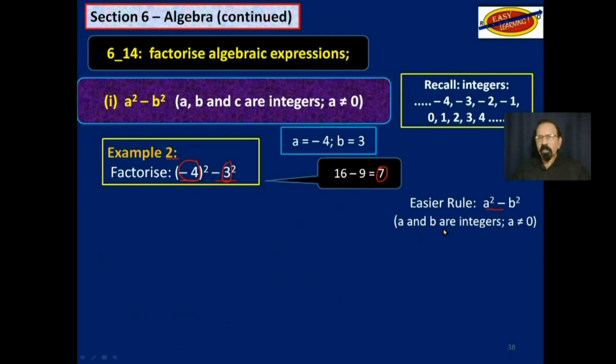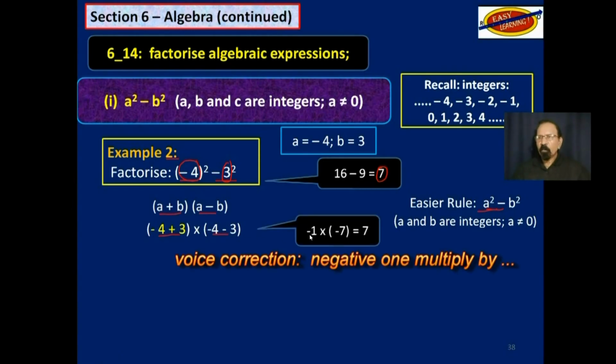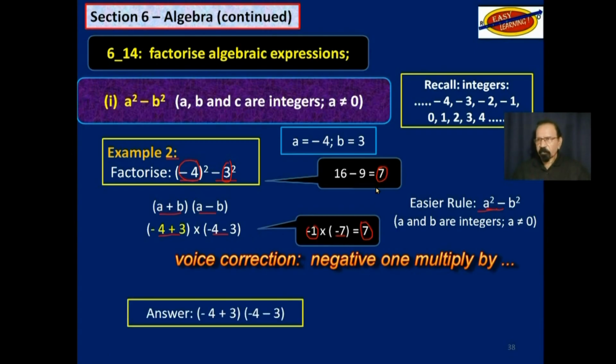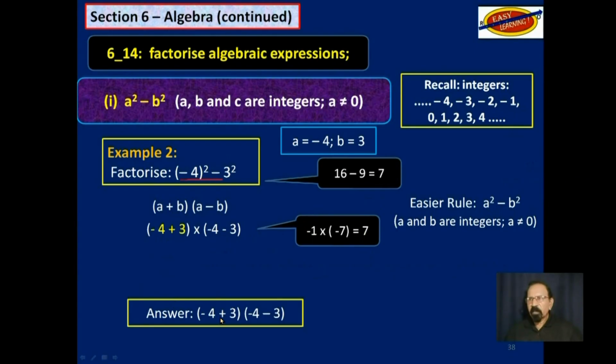But if we use this rule, it is a plus b multiplied by a minus b. We add those two numbers, a and b, and we multiply it by their difference. And we get 1 multiplied by negative 7, and we still get the same 7. So if you have to factorize this, this is what you get.